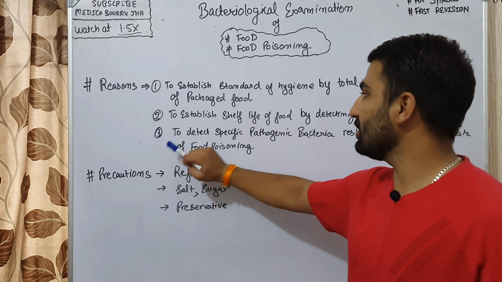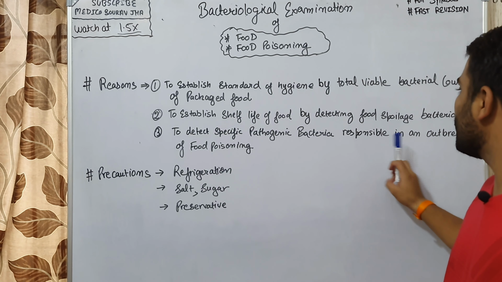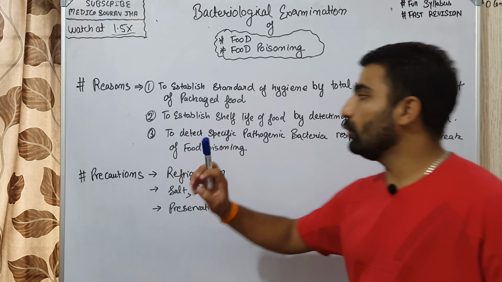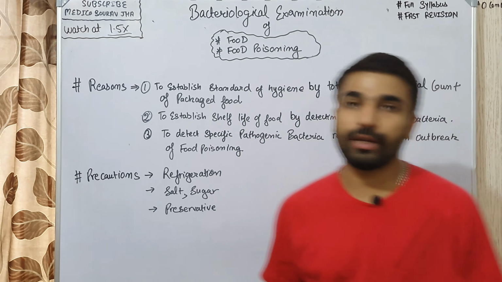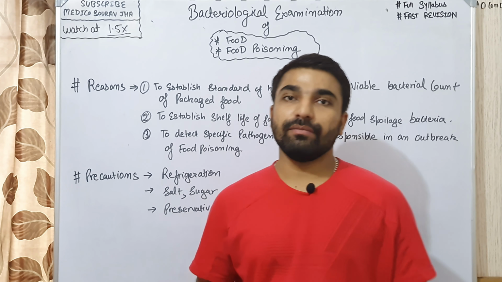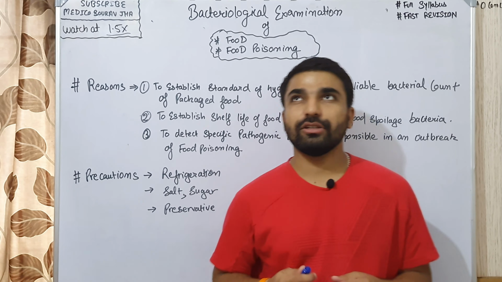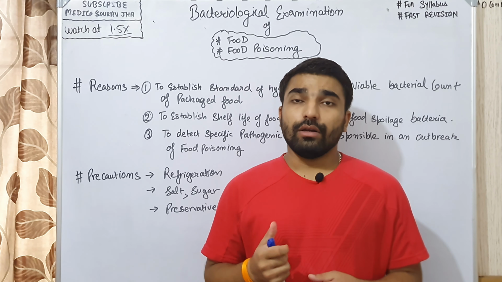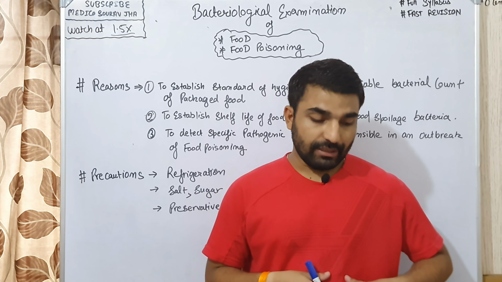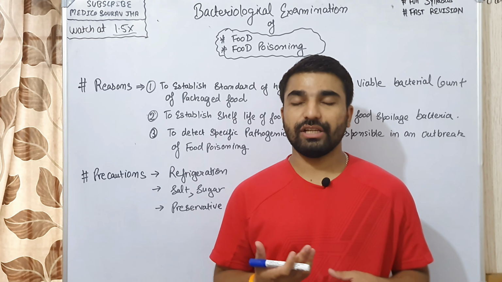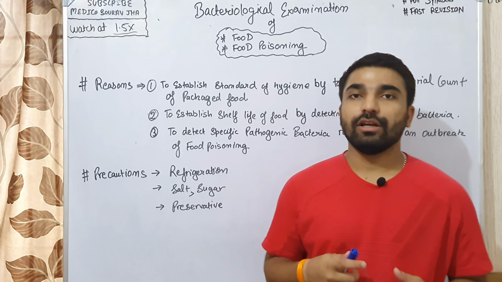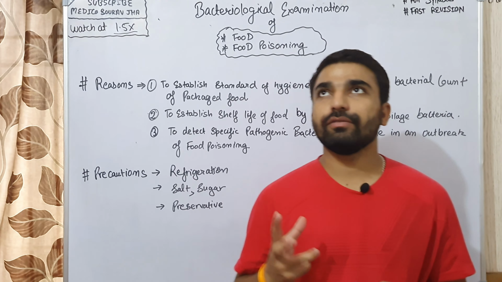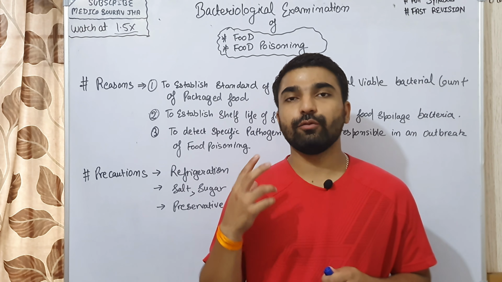Okay, then the third reason is to detect specific pathogenic bacteria responsible in an outbreak of food poisoning. This is the third reason. Okay, so when the patient comes with the complaint of stomach ache, nausea, vomiting, etc., certainly the doctor will diagnose it as food poisoning.